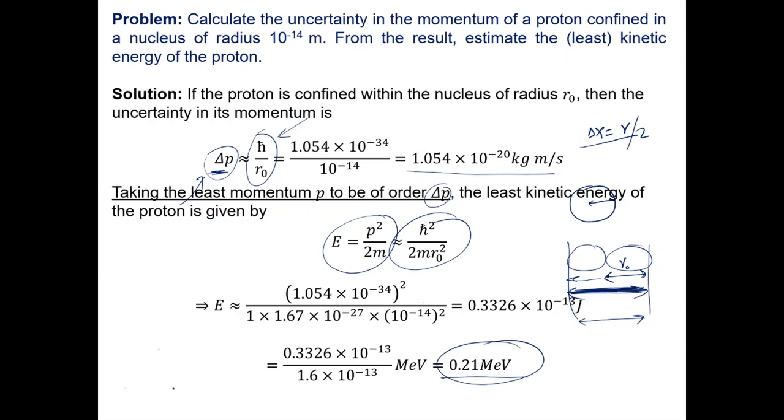So good. We come to the end of this particular lecture, as well as the module on the origin of quantum mechanics. I hope all these problems have given you a much better perspective of the quantum phenomena, and how things are different in the classical world.